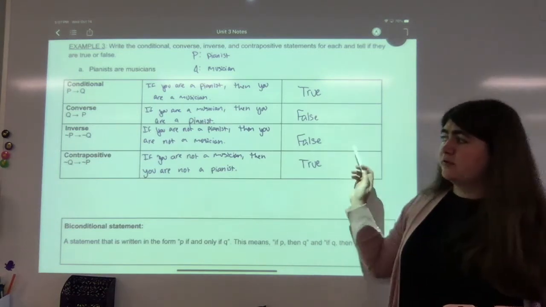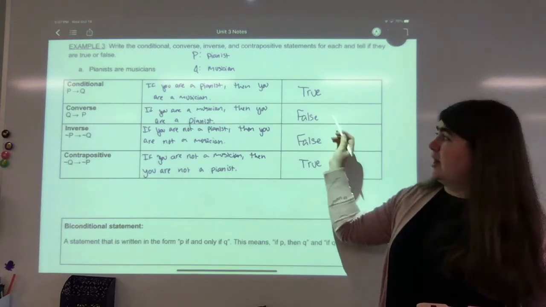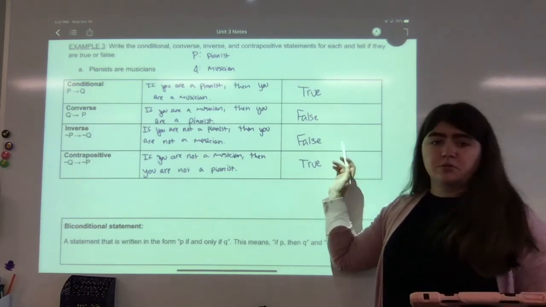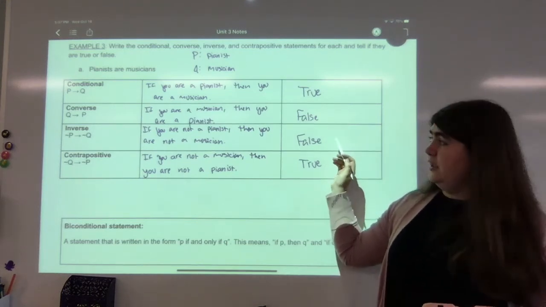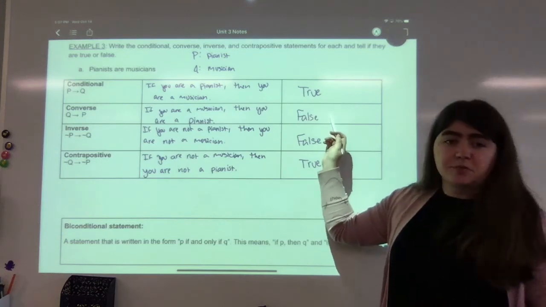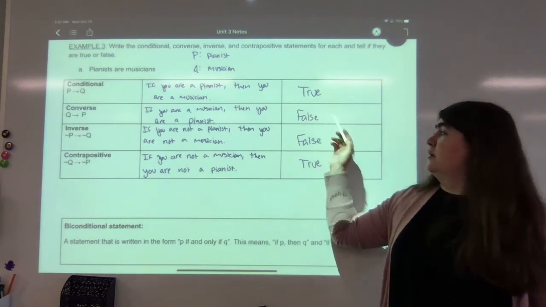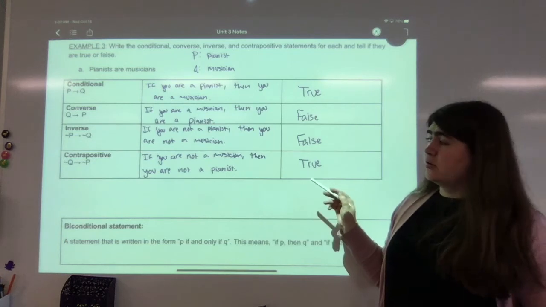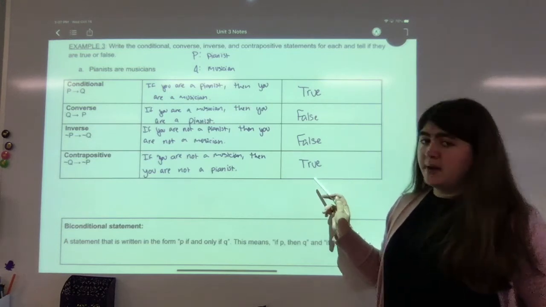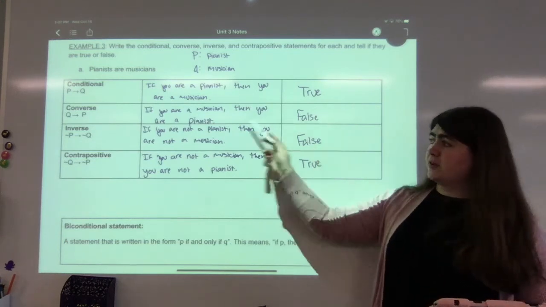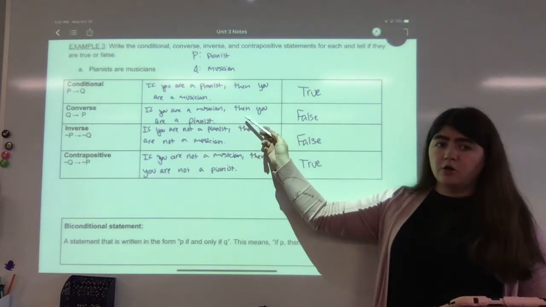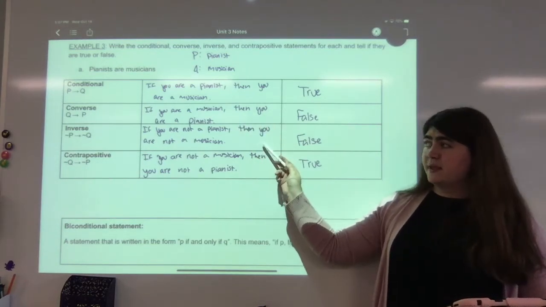The converse and inverse work together too. So if the converse is false, then the inverse will also be false. If the inverse is true, then the converse will also be true, and vice versa. So, when you're solving a problem like this, if you get false for the converse, you already know that you can say the inverse is false. Same with the conditional.